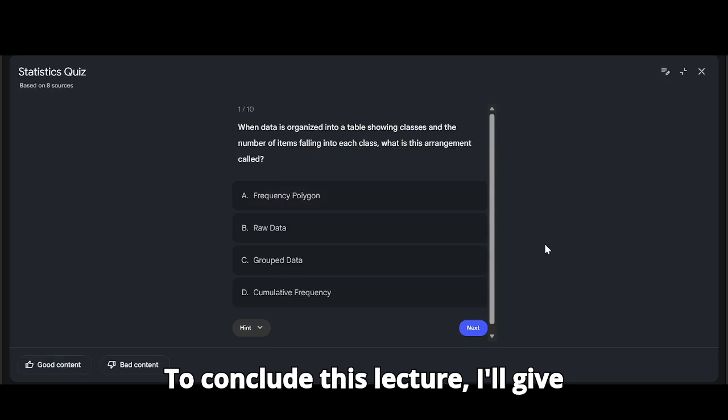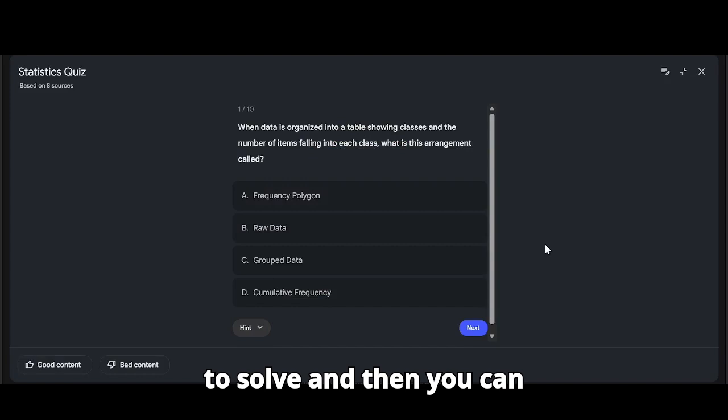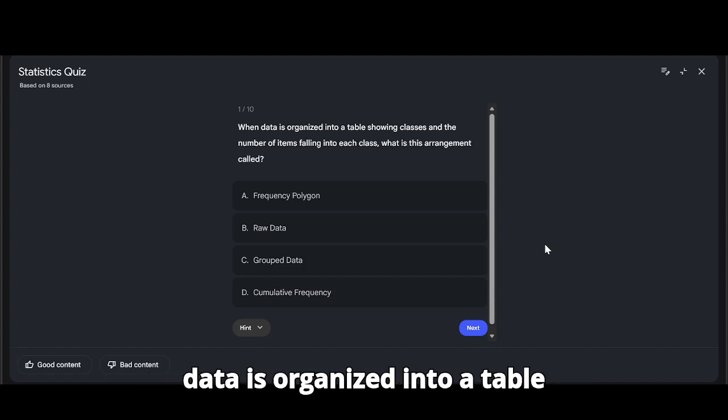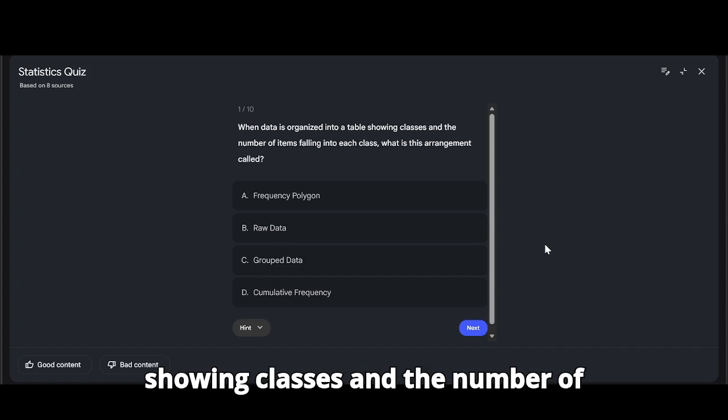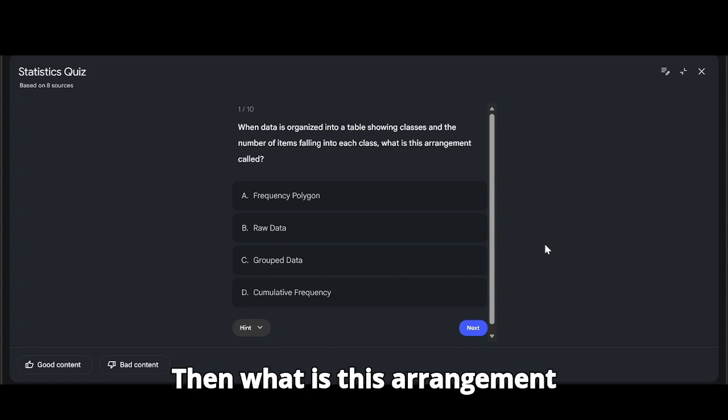To conclude this lecture, I'll give you some questions which you need to solve, and then you can email me to find out the correct answer. The first MCQ: when data is organized into a table showing classes and the number of items falling into each class, what is this arrangement called?